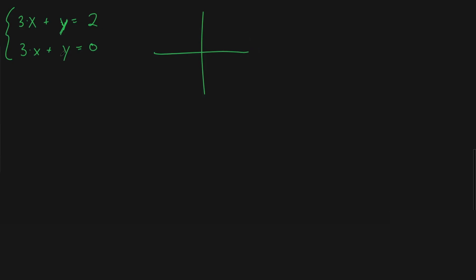So if we graph each of these again, just to visualize this, our L1 line would be y equals negative 3x plus 2. So we would have a plus 2 y-intercept here. Let me finish putting together these little axes.